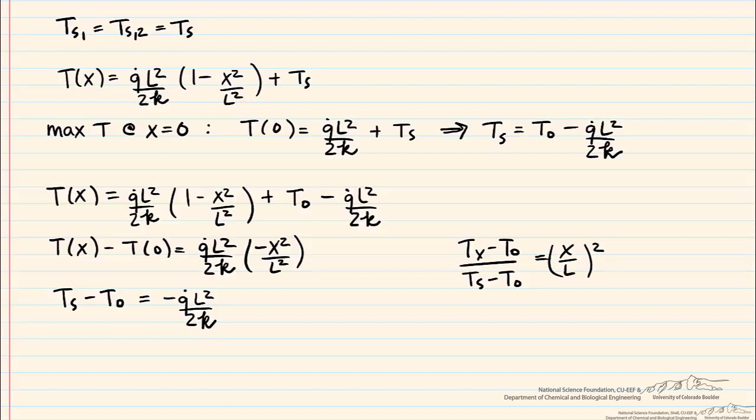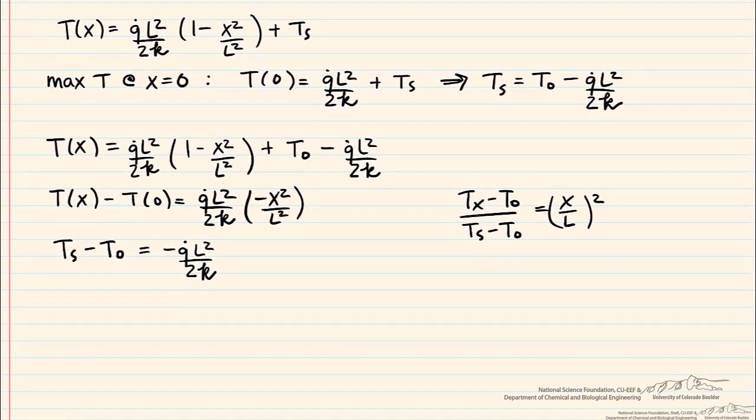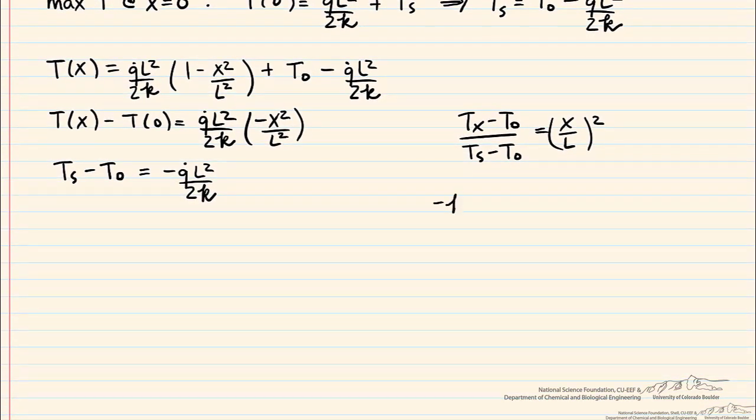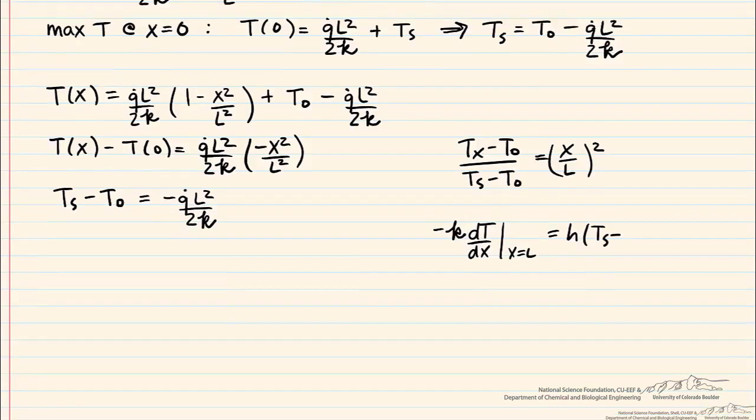So in order to use the above results, we need to find Ts. And one of the most common situations is that convection equals conduction at the surface if we neglect radiation. So minus k dT/dx at x equals L equals h times Ts minus T infinity, or the temperature of the bulk.